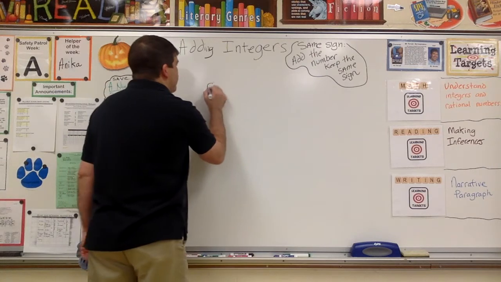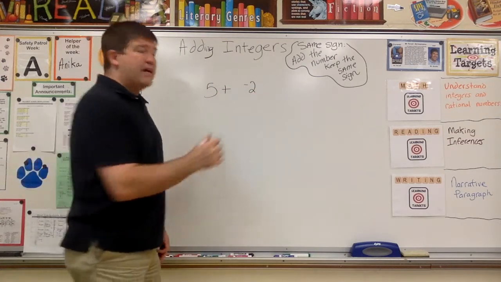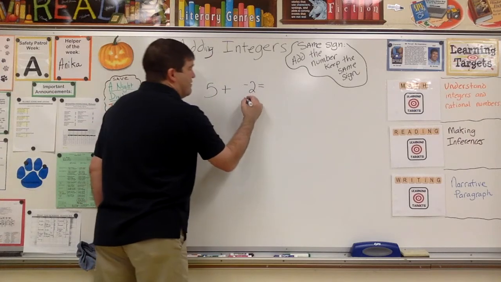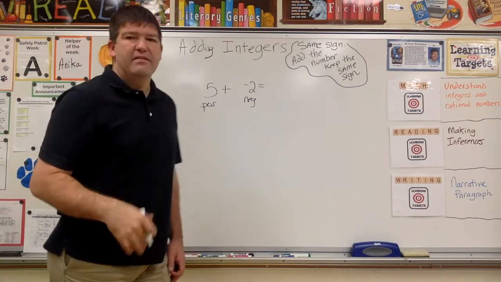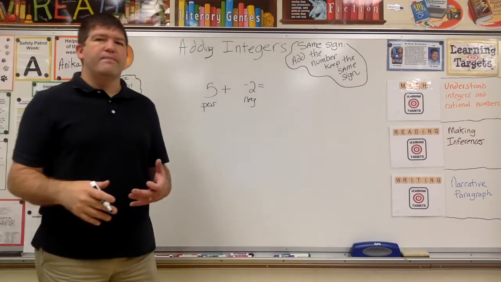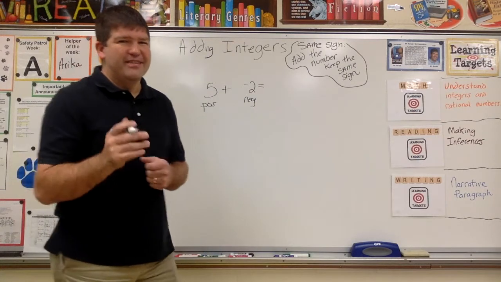Okay, here we go. Let's do 5 plus negative 2. They have different signs: this is a negative and this is a positive. So we have a positive plus a negative, and you're going to subtract the two numbers. That's the tricky part.